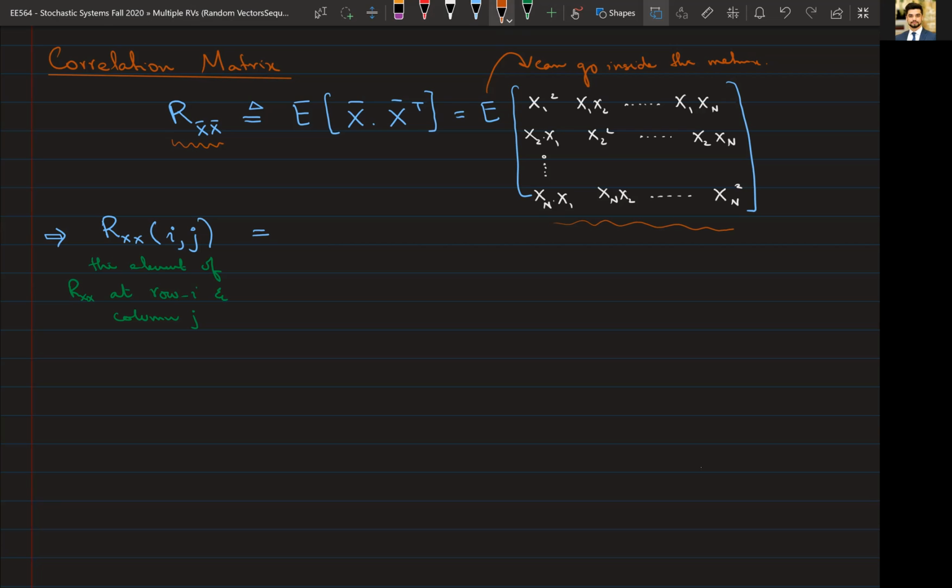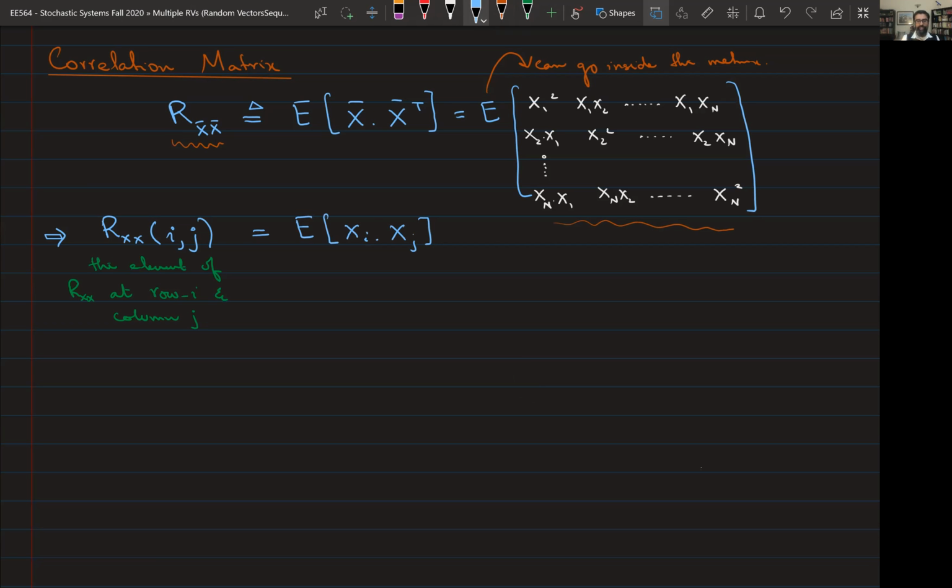Sir, expectation of xi and xj. Good. Expectation of... Mohsin, just to clarify, by 'and' you mean product, right? Yes, sir. The expectation of xi times xj, right? So this is the element residing at the ith row and jth column of the correlation matrix.